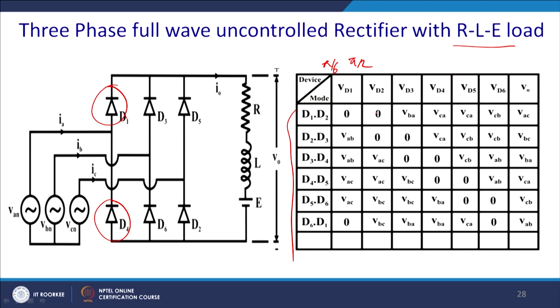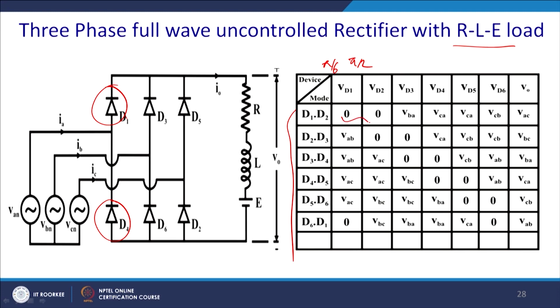Thereafter diodes D2 D3 conduct, thereafter D3 D4 conduct, then D4 D5 conduct, D5 D6 conduct, then D6 D1 conduct, then again D1 D2 conduct. So, this will be the column you will get as zeros.